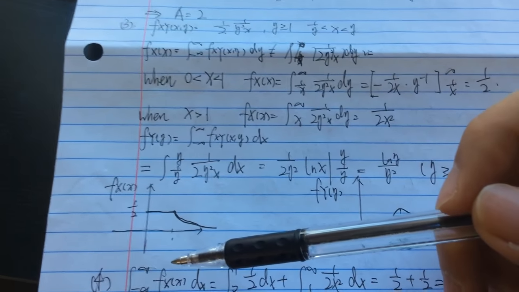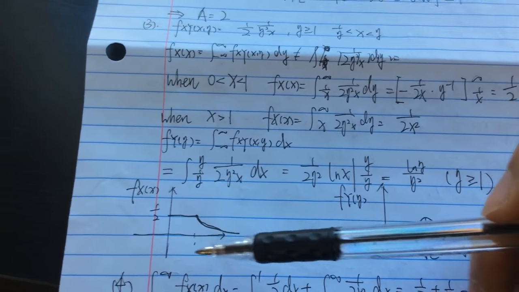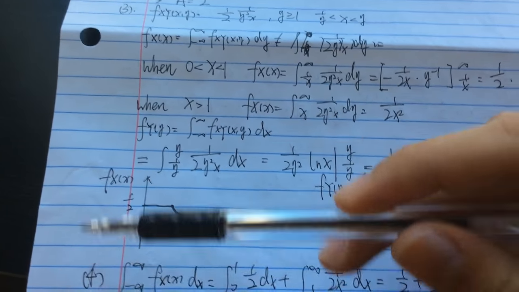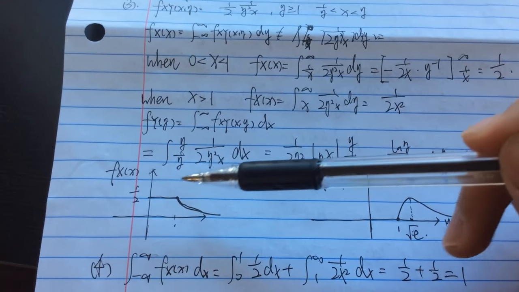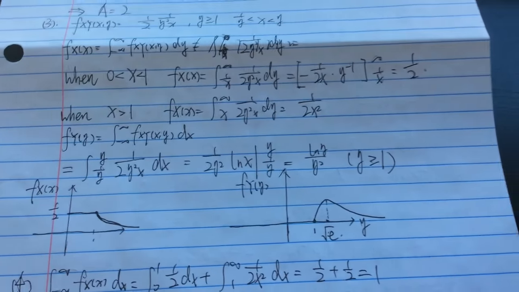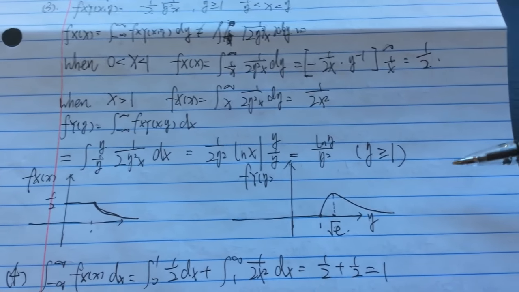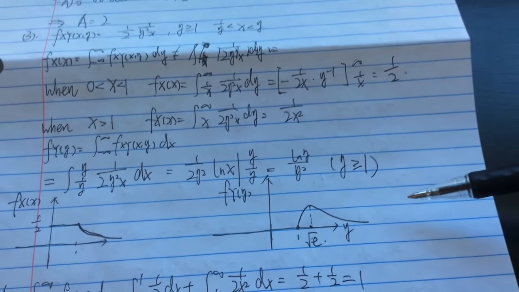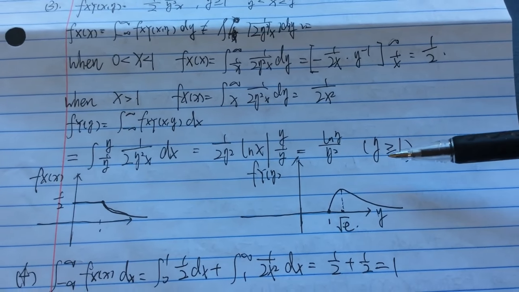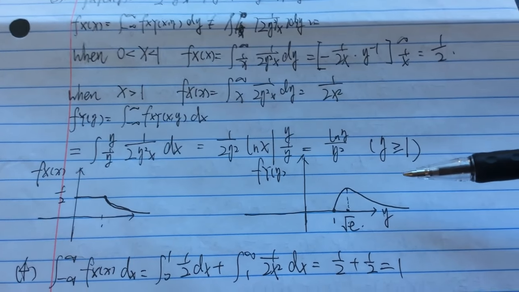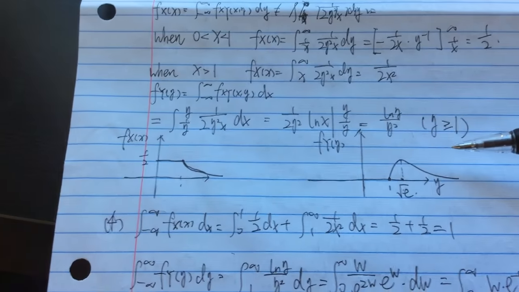So we can also draw the marginal density functions fX and fY. fX is like this diagram, and fY is like this diagram. When y equals the square root of e, the maximum of fY exists.